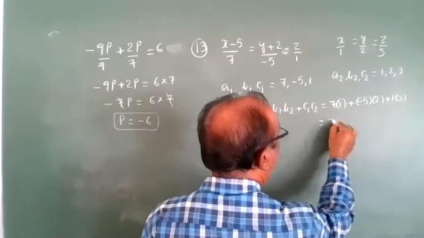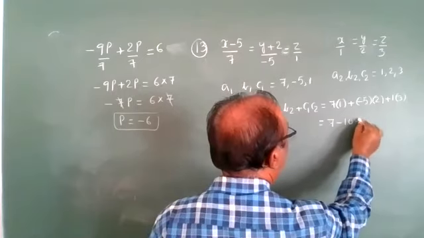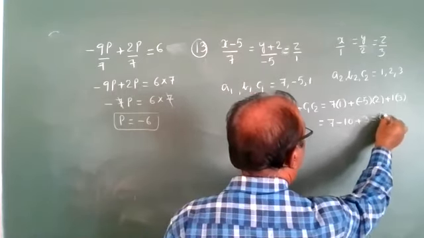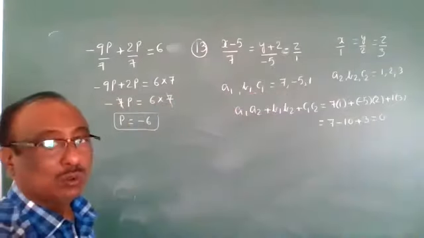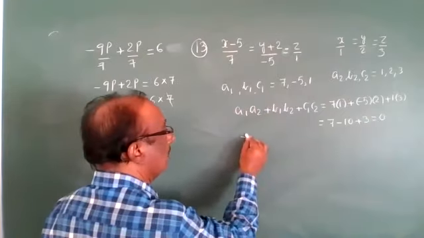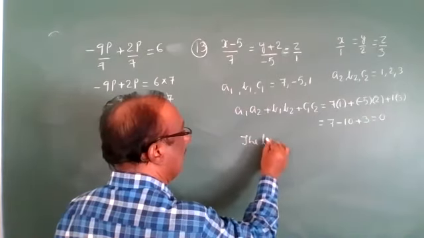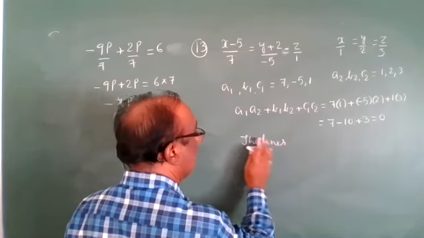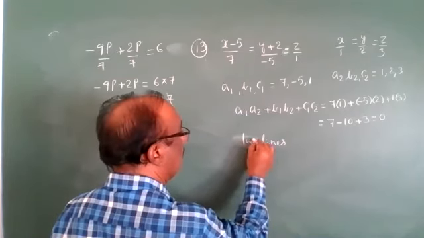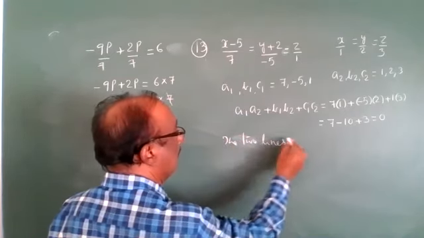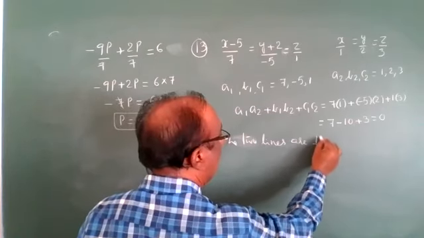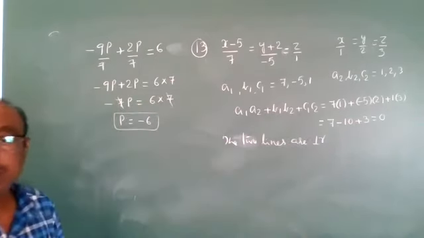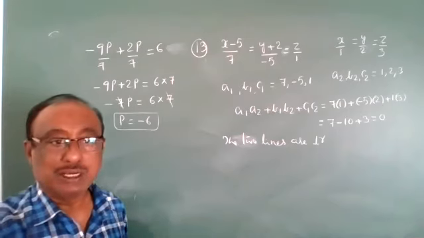That is 7 minus 10 plus 3, all cancelled, and the value is 0. Therefore, the two lines are perpendicular. Finished, the 13th problem also completed.